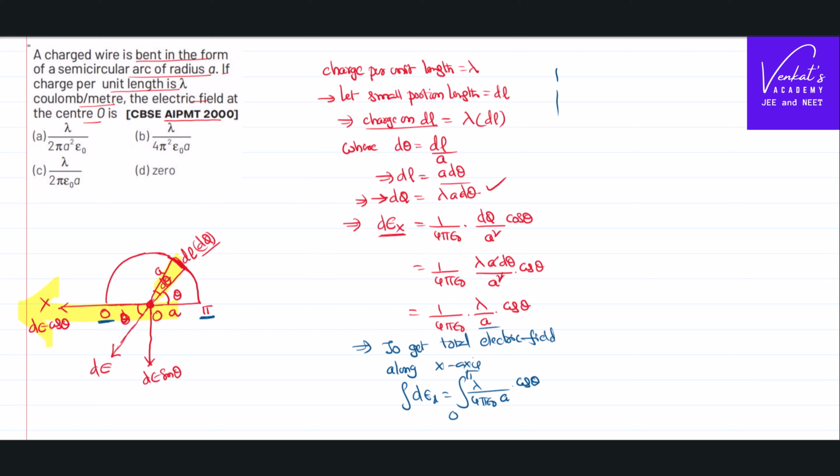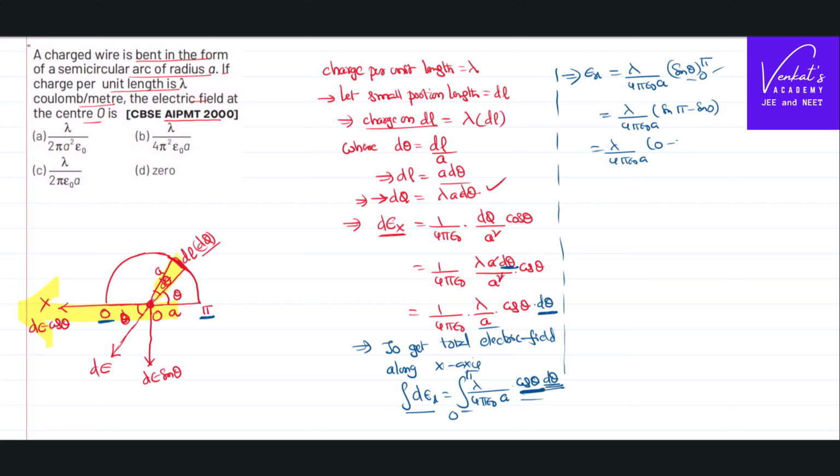Ex equals lambda by 4 pi epsilon naught a, where a is constant; the integral of cos theta d theta is sin theta, with limits from 0 to pi. Applying the upper limit minus the lower limit: sin 180 is 0 minus sin 0 equals 0.